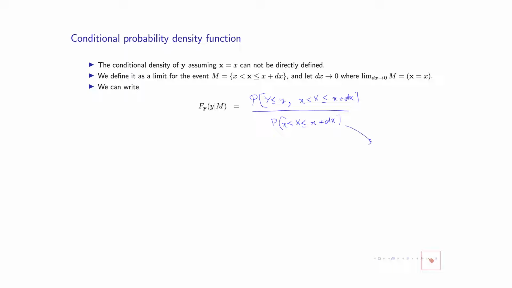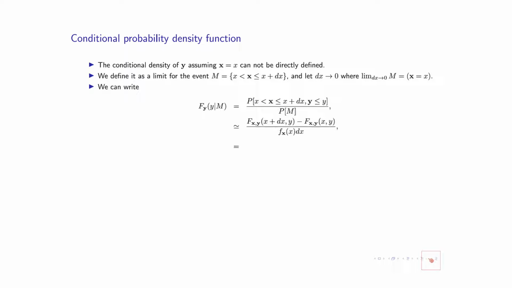Obviously, the denominator itself is the CDF of X at x plus dx minus F_X of x. Obviously, if dx tends to 0, these two become equal to each other and the denominator becomes 0. So the numerator will also go to 0. You have a 0 on the numerator and a 0 on the denominator. So this method allows us to resolve the paradox.